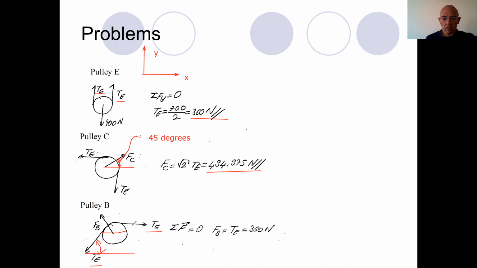As a result, this angle is 120 degrees. Therefore, I can easily say that FB is equal to TE from here, and that is equal to 350 newtons.